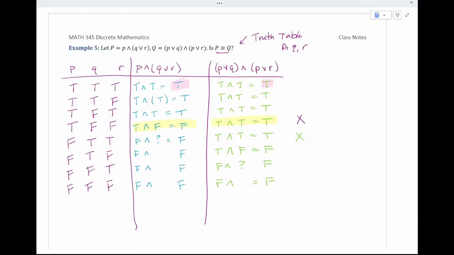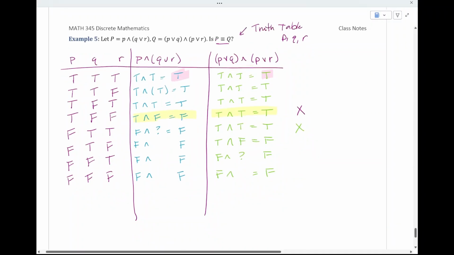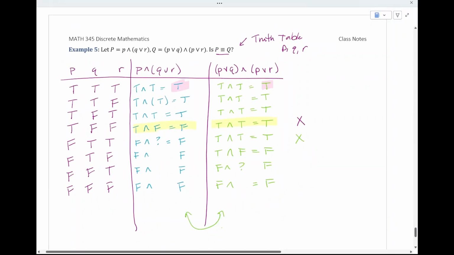So here I actually had two rows that were different. So since these are not the same, that implies that P is not equivalent to Q. And I've showed that with this truth table. And that is it for this section. I will see y'all next time.